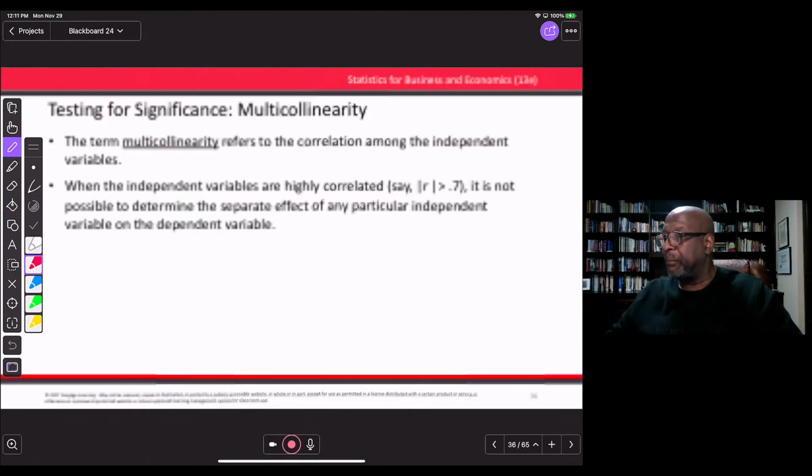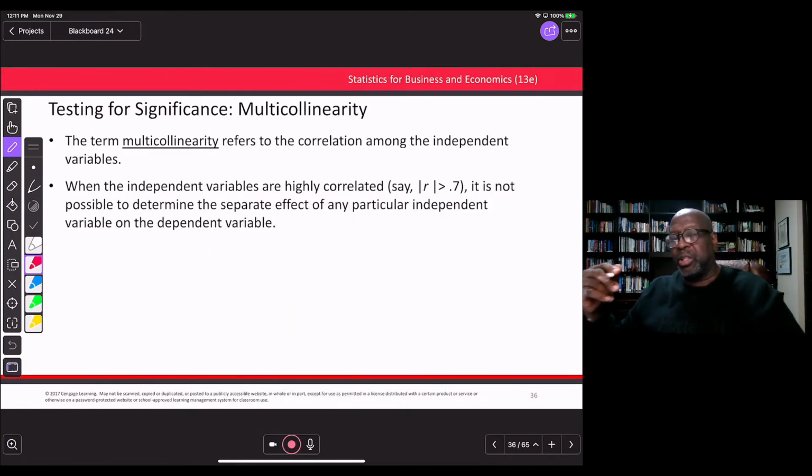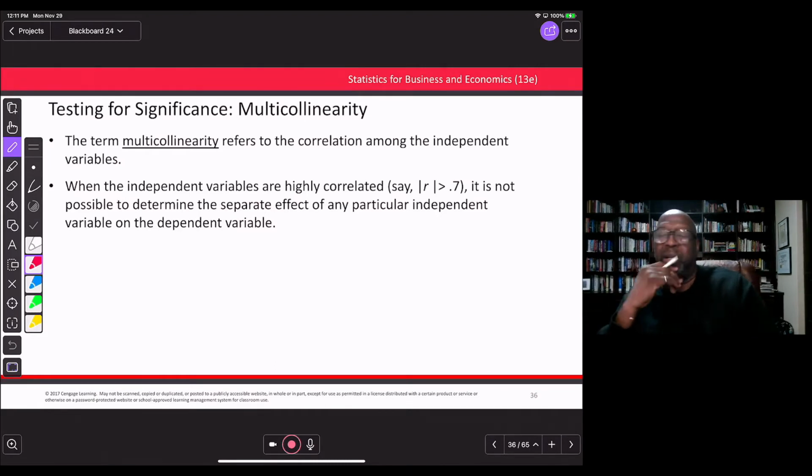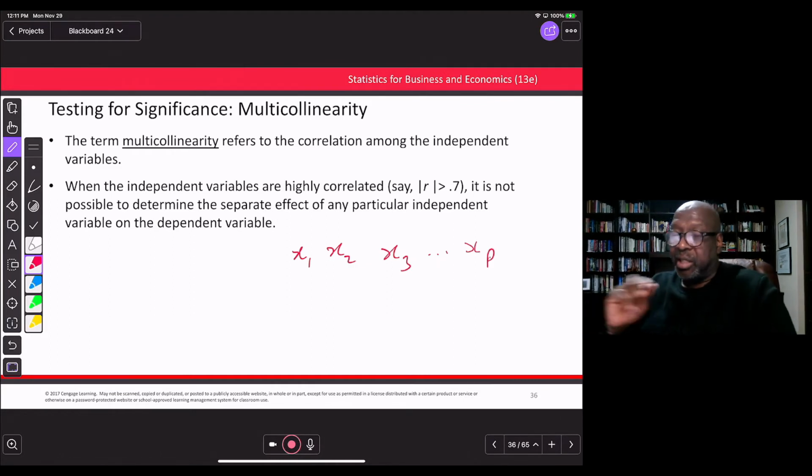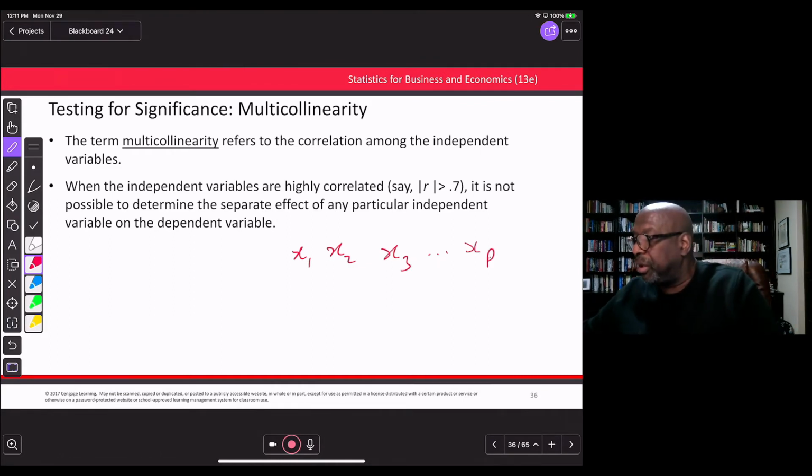All right. Let's introduce this topic very quickly here. It's called multicollinearity. So when we have multiple variables, x1, x2, x3, etc., xp, sometimes these variables can be correlated. There could be a correlation between them.